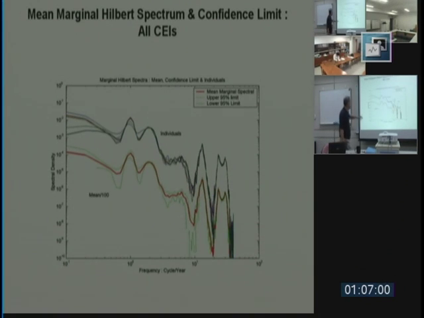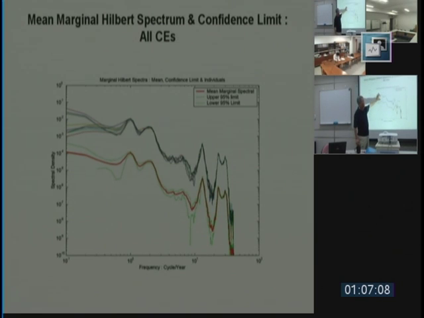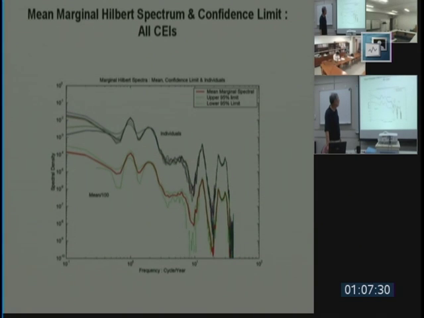What happened is that the peak here is much higher than the peak here. So with confidence limit, by eliminating the potential mode mixing and the alias caused by the transition, you actually get a better resolution on this peak. For over there, you don't see a lot of difference.